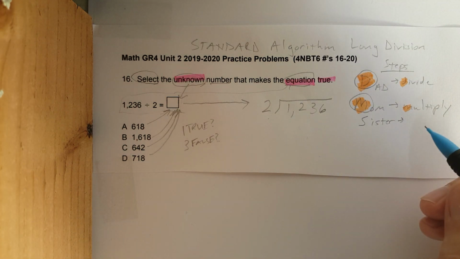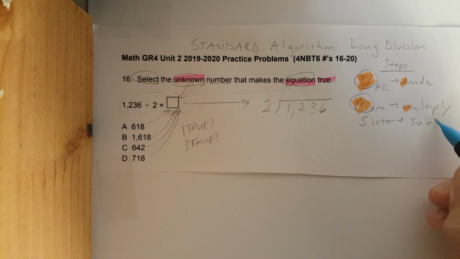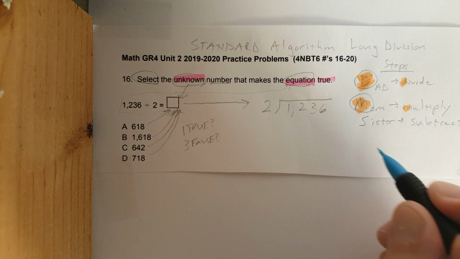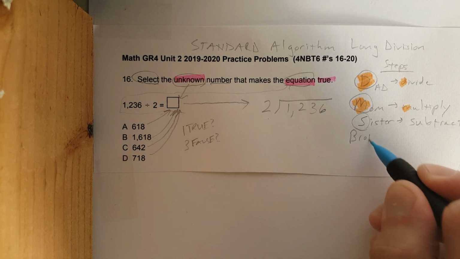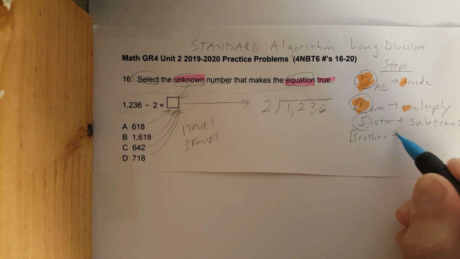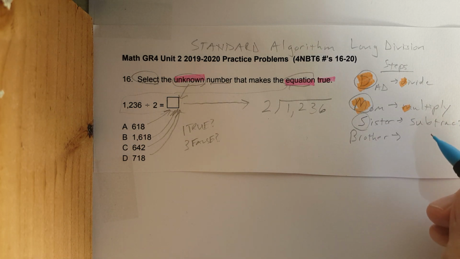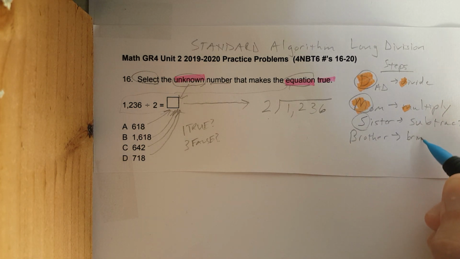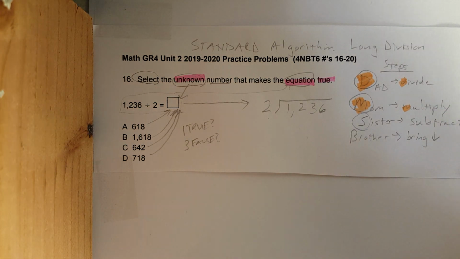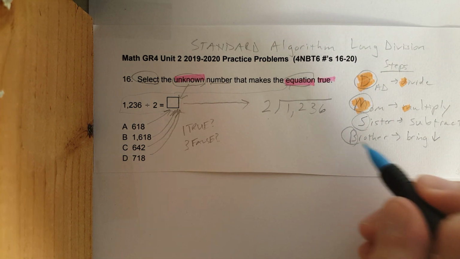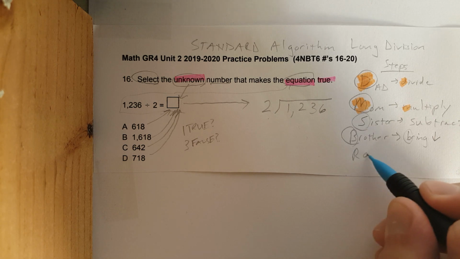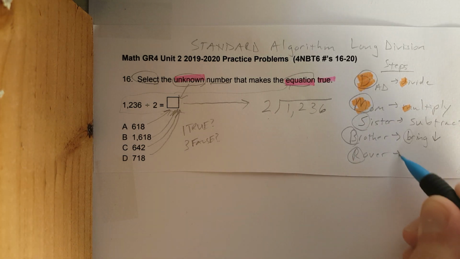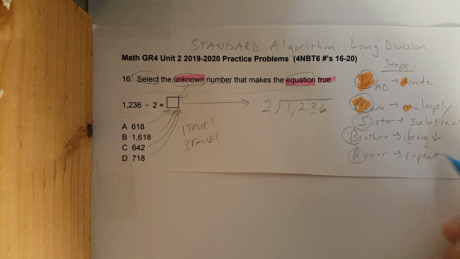Next we have sister, which means you will subtract. Next we have brother, which means you will bring down. B for brother, B for bring down. And the last step is rover, or repeat.